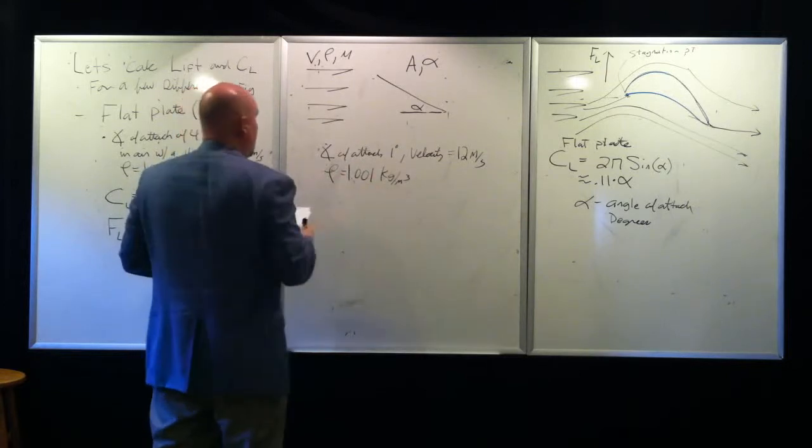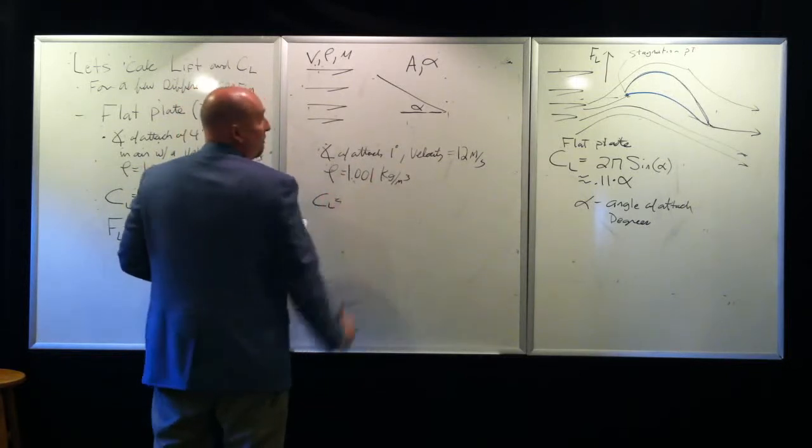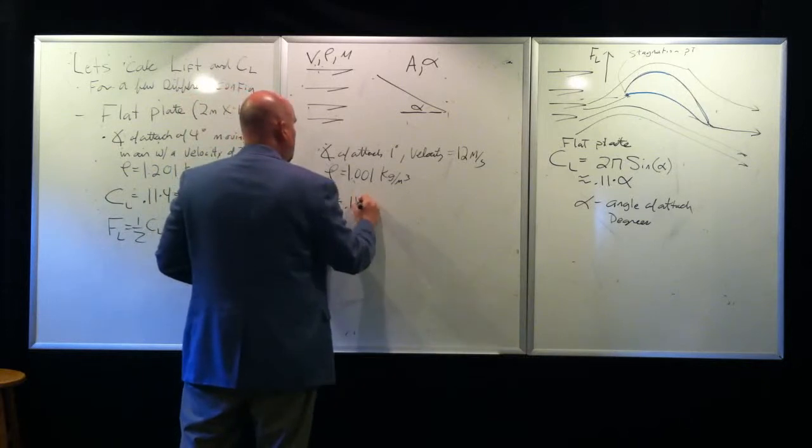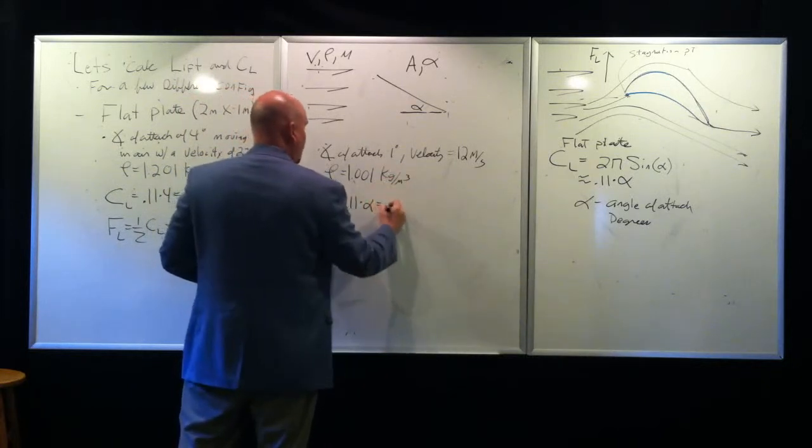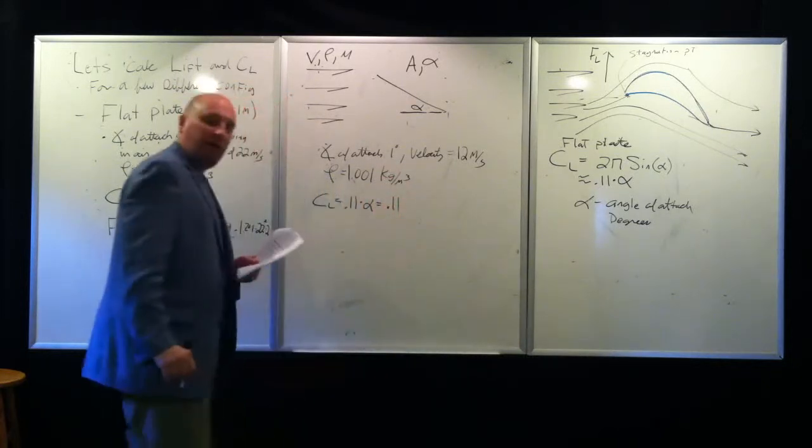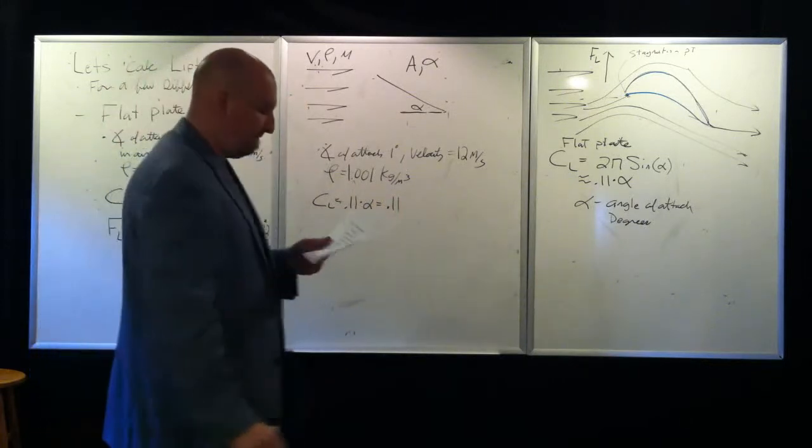So the first thing is we need to come up with the coefficient of lift. The coefficient of lift is 0.11 times alpha. Alpha is 1, and 0.11 times 1 is the magical 0.11.